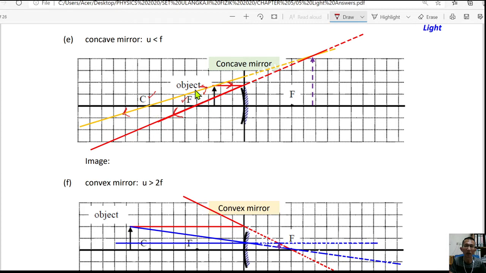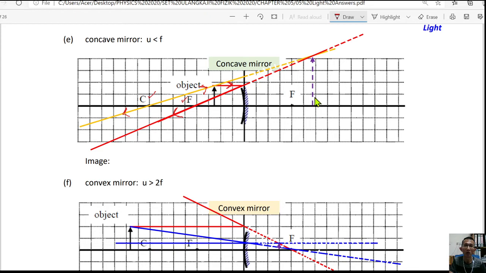Find where these two lines intersect. It will intersect on the right, so I will elongate the lines to see where they intersect. I found that they intersect at this point, so I draw the image here. The head of the arrow is at the point of intersection and the foot is on my principal axis.